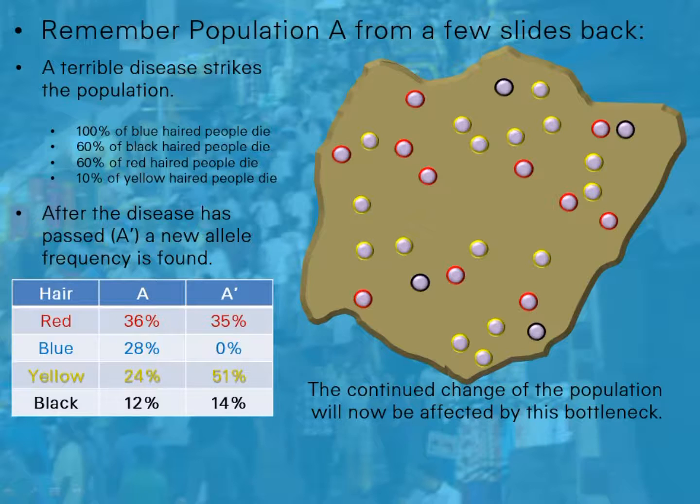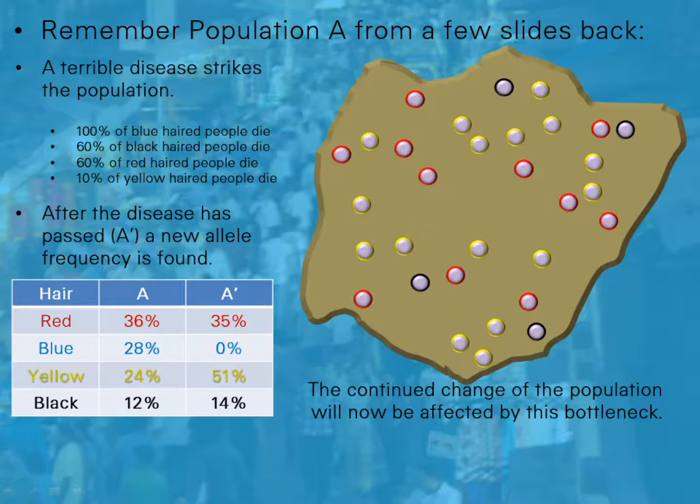So after the disease has passed, we have a new population, A prime, and that has a new allele frequency. The percentage of red-haired people hasn't really changed very much, and the same for black-haired people. However, blue-haired people have now been completely eliminated from the gene pool. They have fallen to 0%.